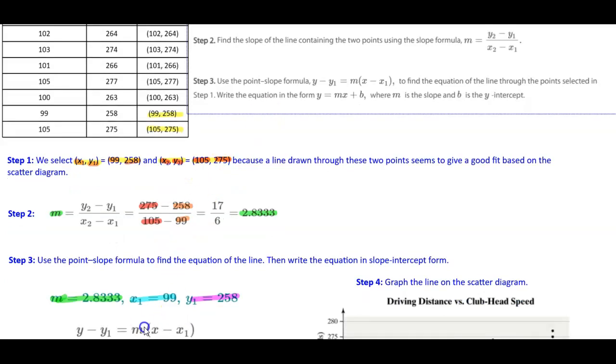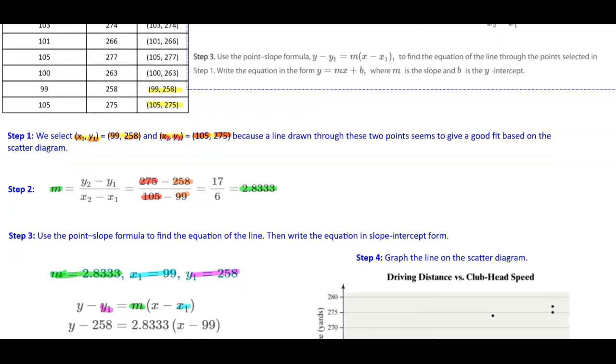Recall that our point-slope form is y minus y1 equals m times x minus x1. So we have y1 here, we have our slope, and then we have x1. The next step is to fill in that information. So it's y minus 258 equals the slope of 2.833 times x minus 99.